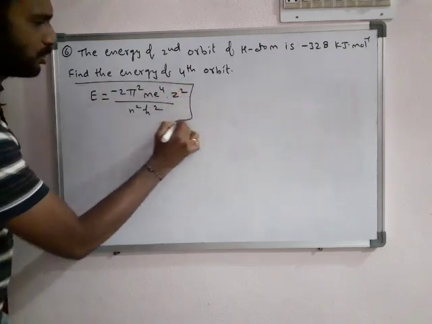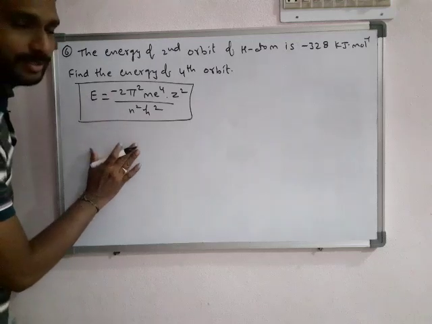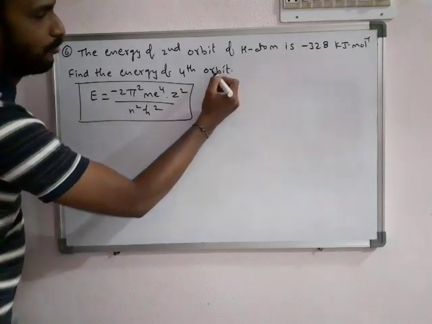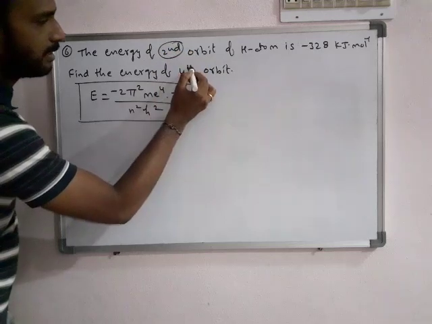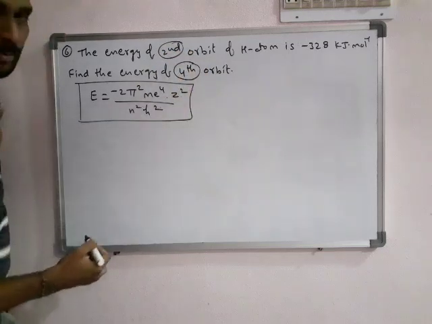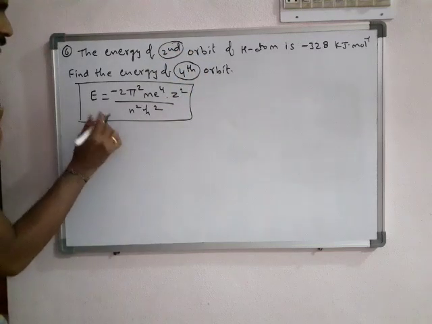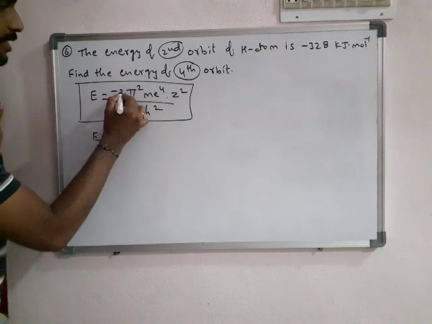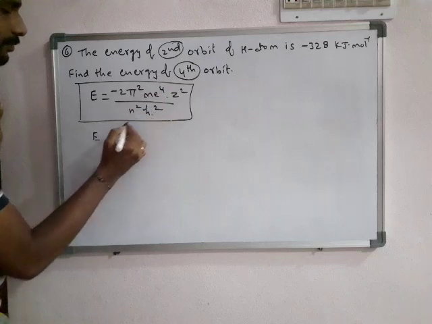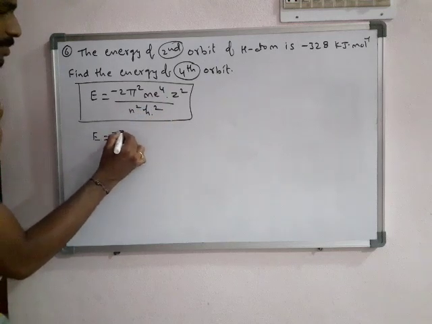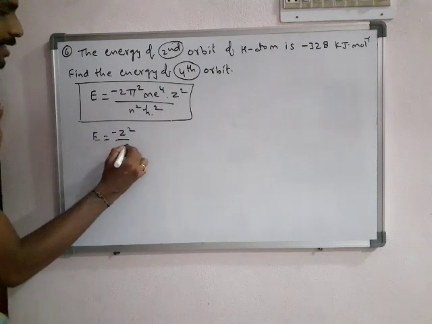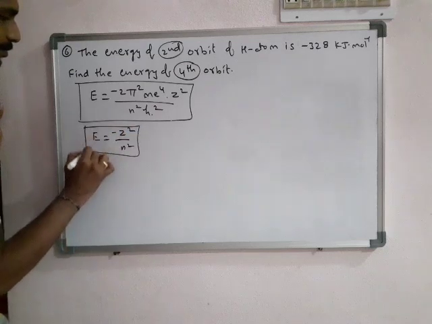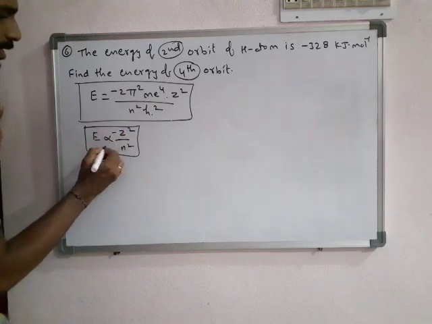Here there is no need to calculate the exact energy. We just need to compare the energies of the second and fourth orbits. So we can write a relation. These are all constants. So we can write E is equal to minus z square by n square, or you can write E proportional.